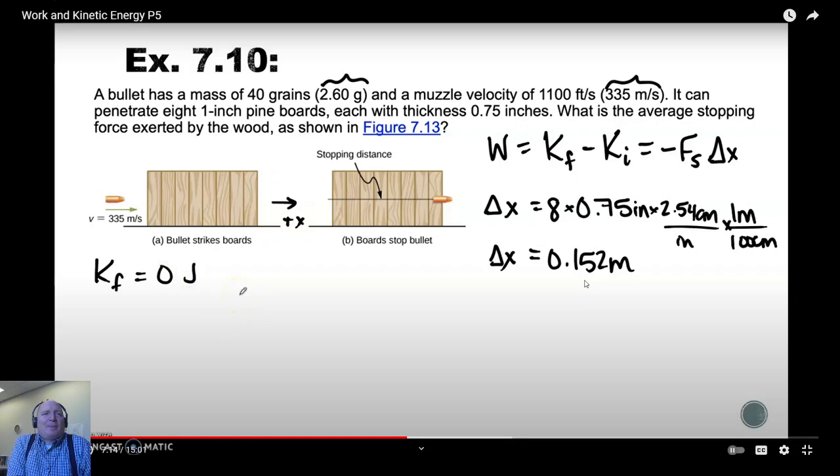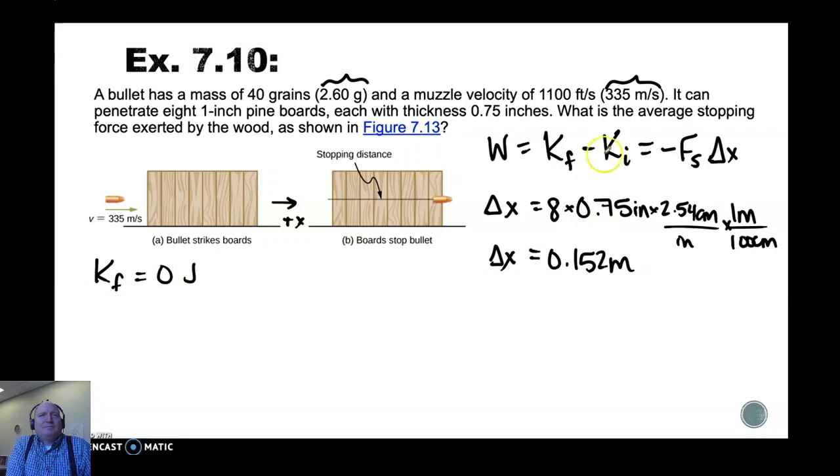Okay, so then what we'll do is we will put these into our equation here. So this is, I'll just say 1, and we will say it is 0. I'll start on this side. We have negative f sub s delta x equals 0 minus k sub i.